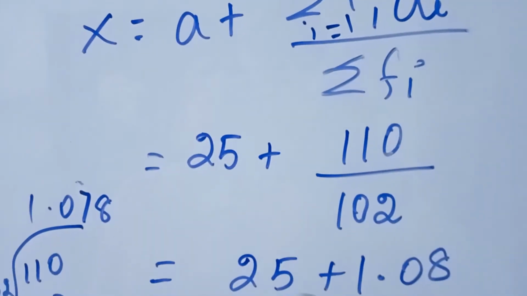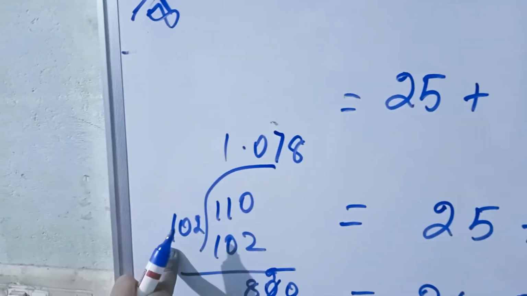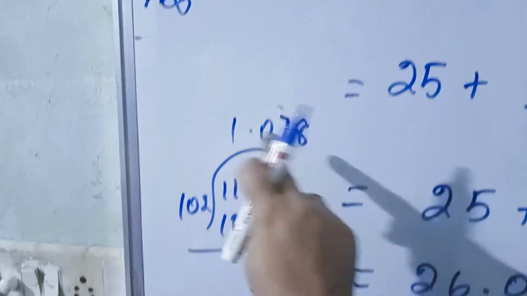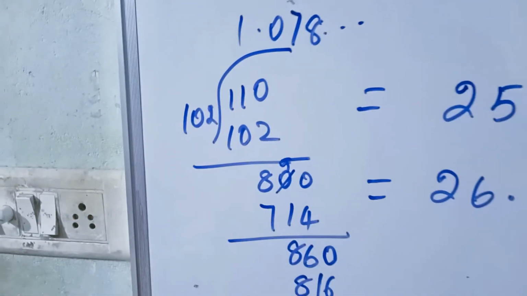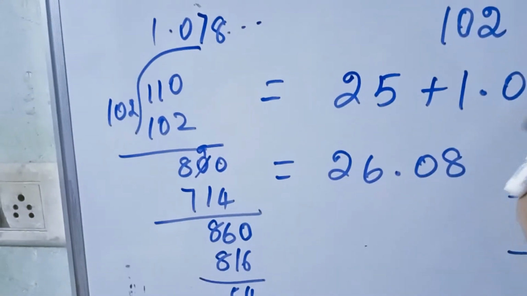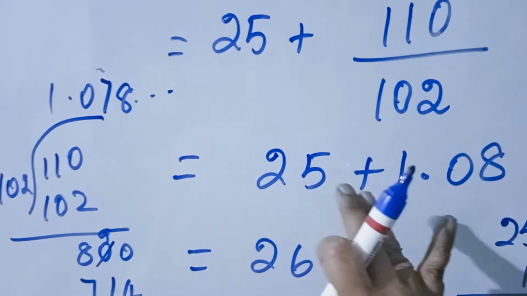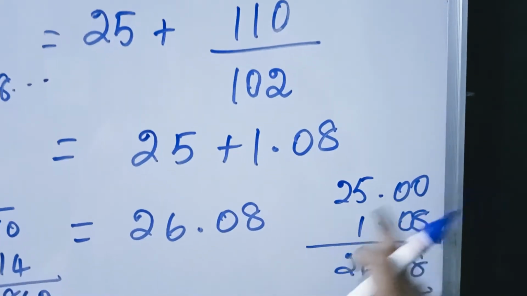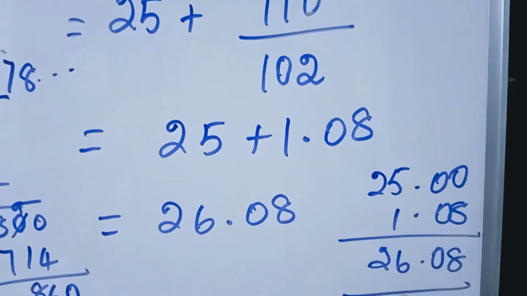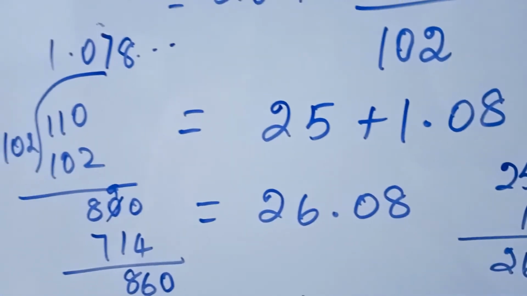So 25 plus, if you divide 110 by 102, you get 1.078 etc., which approximately we can take as 1.08. Then you add 25 plus 1.08, so 26.08 is the answer.